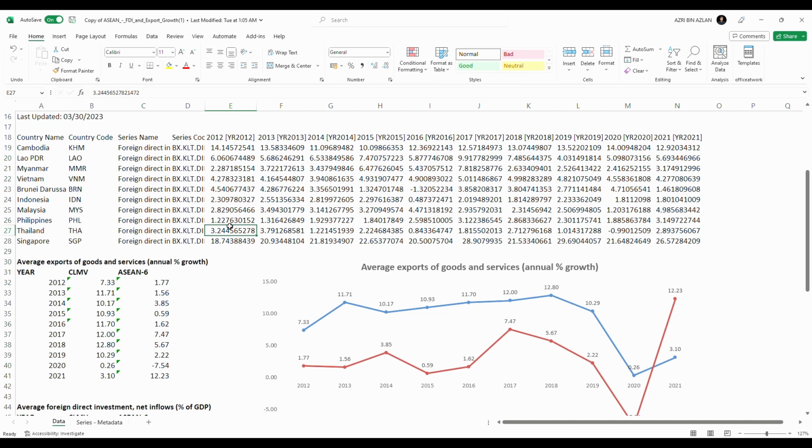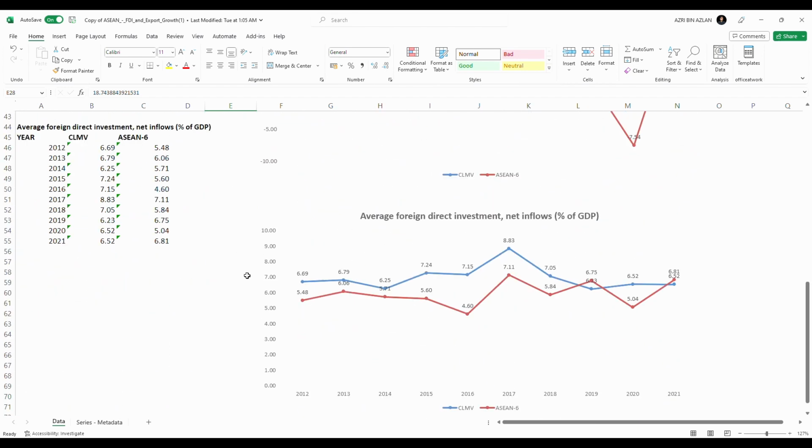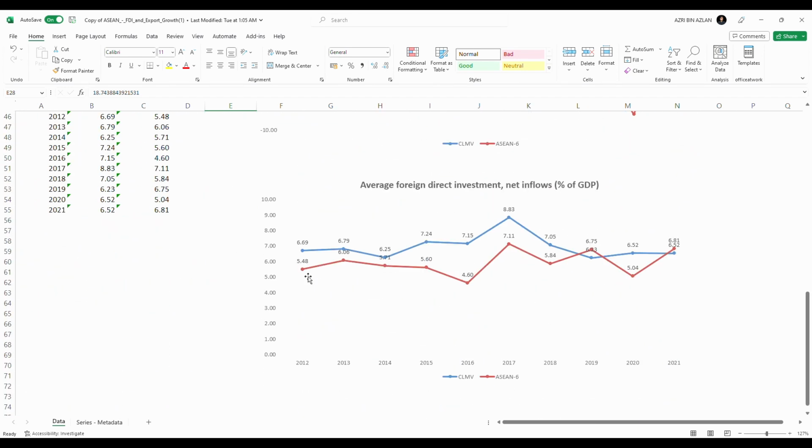So these 5 countries will drag down the figure portrayed by Singapore if we average it. So that is why ASEAN 6 indicates a lower percentage of GDP in terms of net FDI as compared to CLMV.